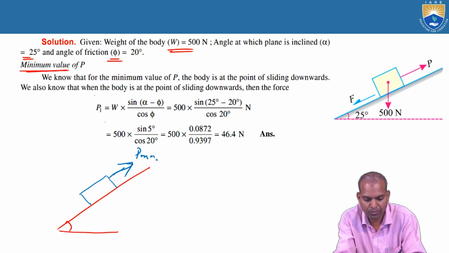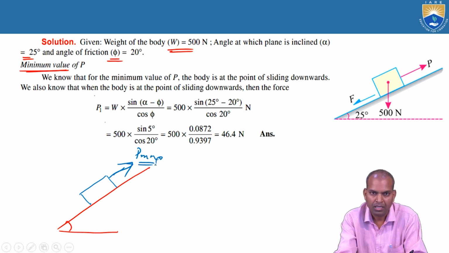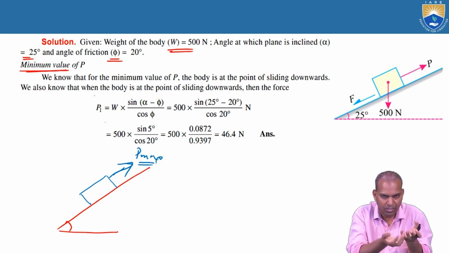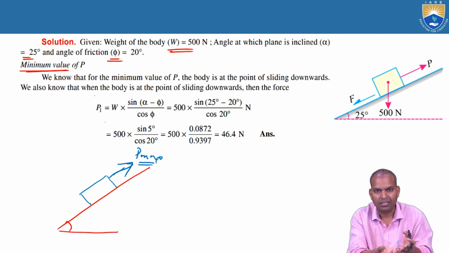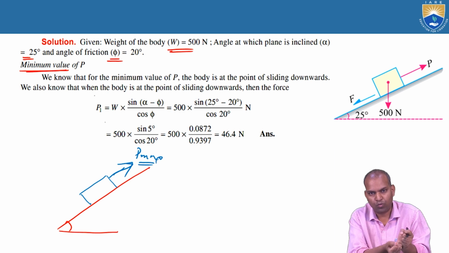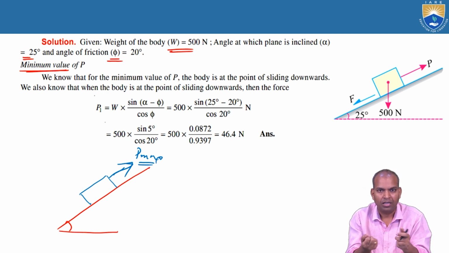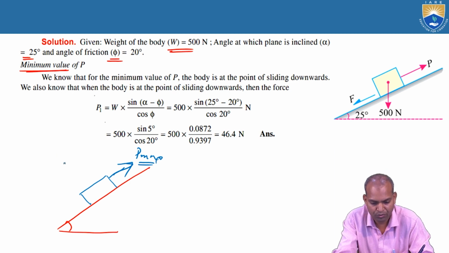That is called maximum effort. When the body is sliding, less effort is required. And if we want to move the body on the inclined plane upwards, then we need more, the maximum force.